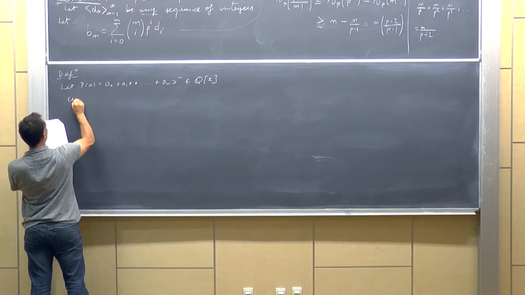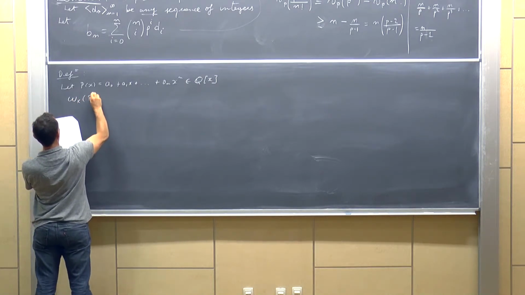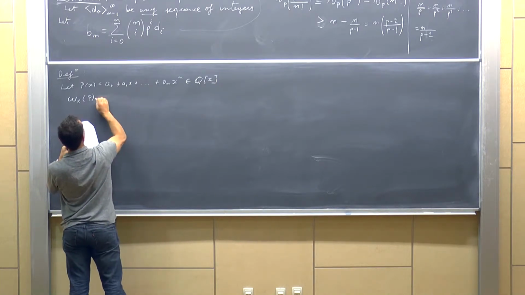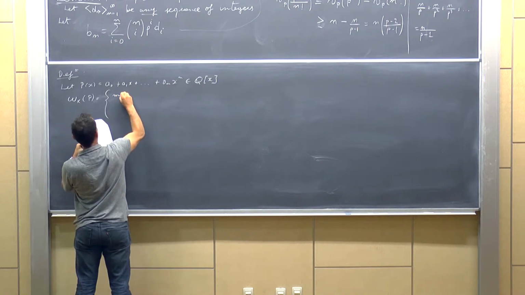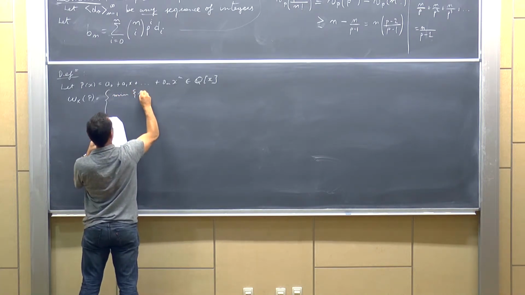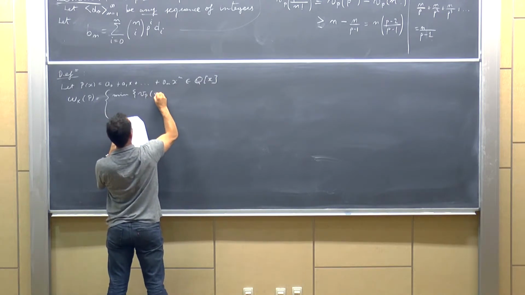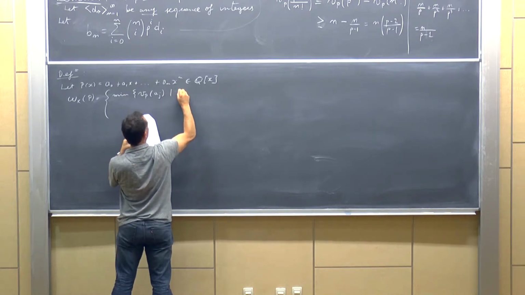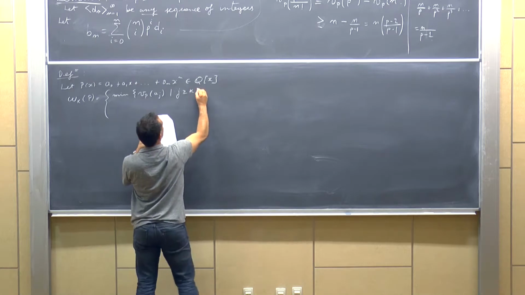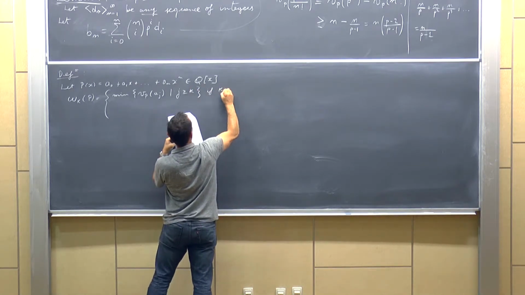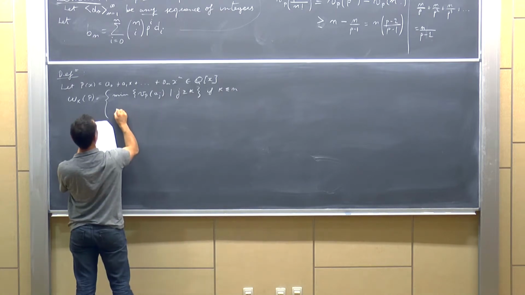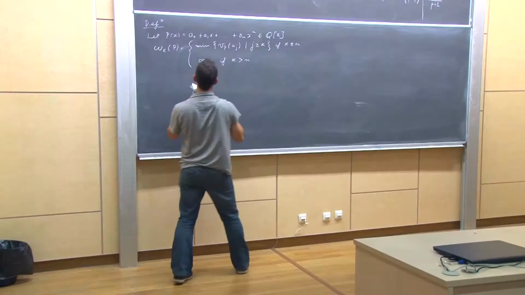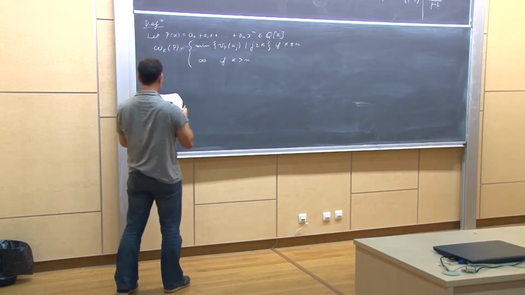And I want to define omega sub k of my polynomial to be the minimum of v sub p of aj for j greater or equal to k, if k is less than or equal to n, and I want it to be infinity if k is bigger than n. Okay? So just the definition.